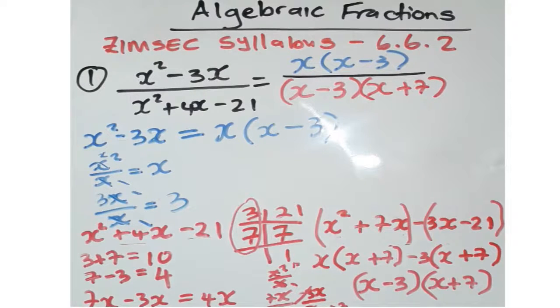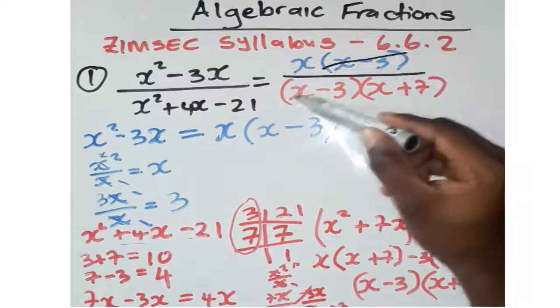If you had seen the earlier videos on algebraic fractions, you figure something out. We look for the common factor in the numerator and the denominator. So there's x minus 3 here and there's x minus 3 here.